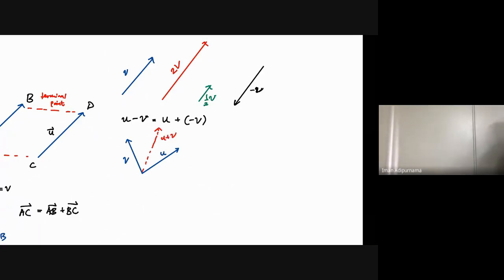But if you want to write U minus V, you can write the directions as the negative, the opposite one, and then this will be your direction. So this is U minus V.